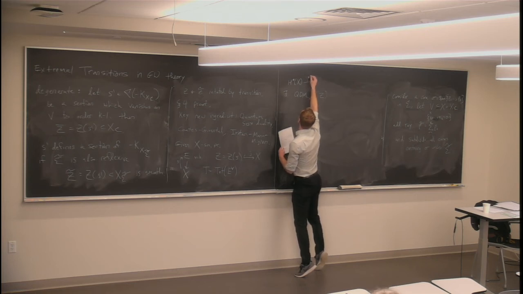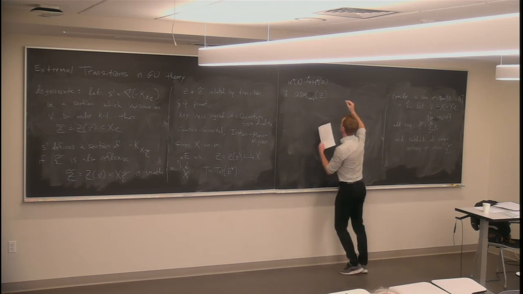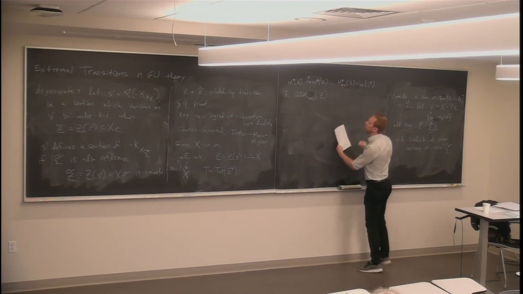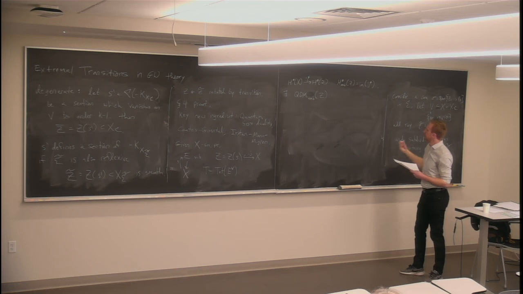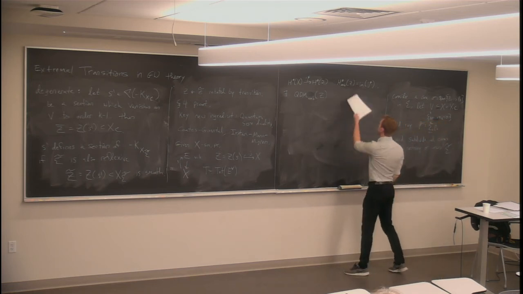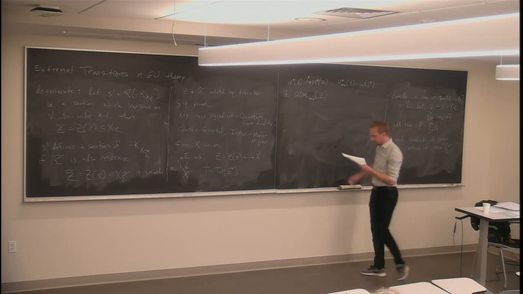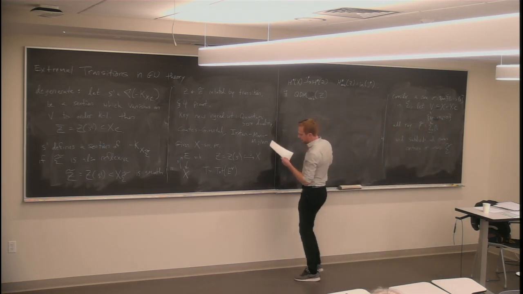I have a pullback map from the cohomology of X to the cohomology of Z. I define the ambient cohomology of Z through the image. And it turns out that the quantum D module restricts to this cohomology under some relatively mild assumptions, and so I can define an ambient quantum D module.